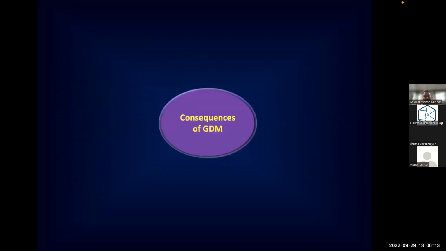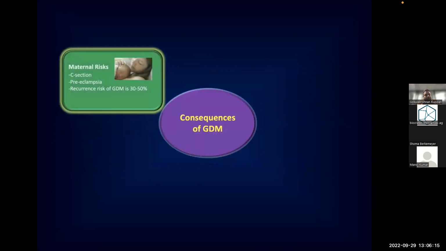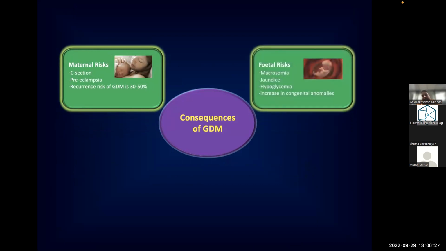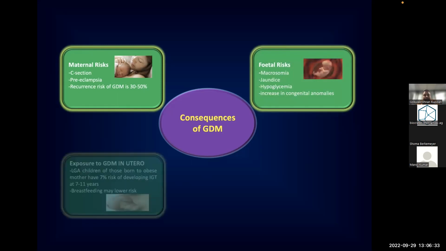So what are the consequences? First, the maternal risk. It increases the risk of C-section, preeclampsia, and recurrence of GDM in the next pregnancy, around 30 to 50%. What about the fetal risks? There is macrosomia, jaundice, hypoglycemia, and an increase in congenital abnormalities.